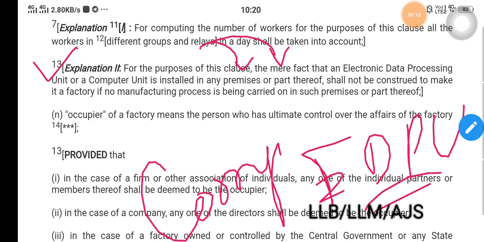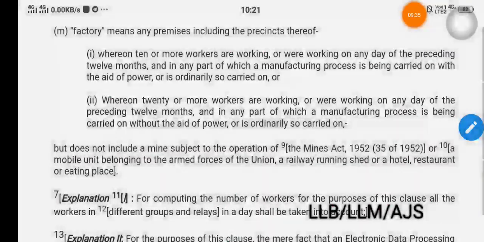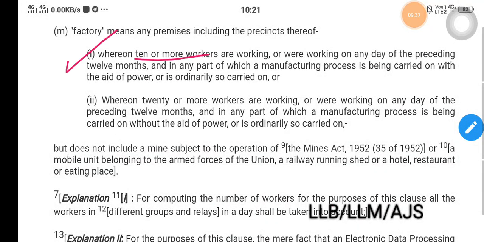That means the most important material thing here is that in that factory there must be some kind of manufacturing process, altering, repairing, constructing, something like this, which we have already read. So manufacturing process is an essential ingredient for a factory. As we can see here, the number of workers is provided as 10 or more, here also 20 or more.